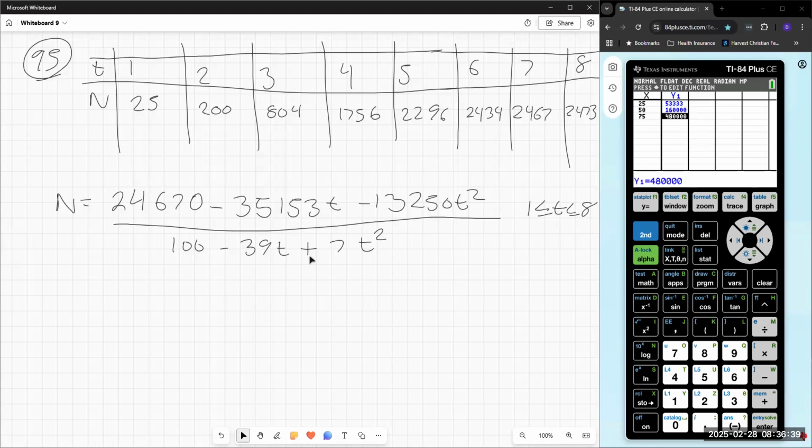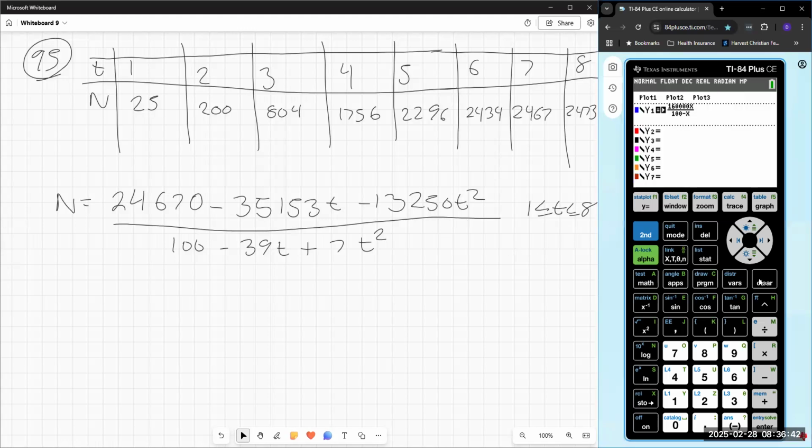So first things first, they want us to graph that equation, y equals 24670 minus 35153x, and we're going to use an x instead of a t, minus 13250x squared over 100 minus 39x plus 7x squared.